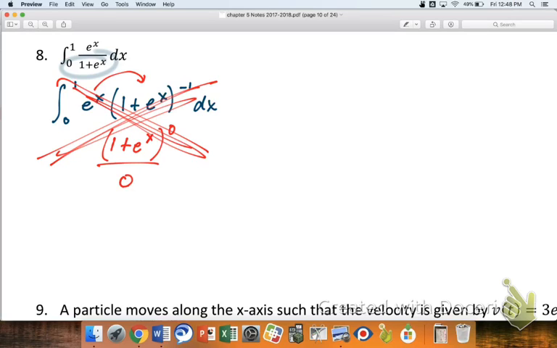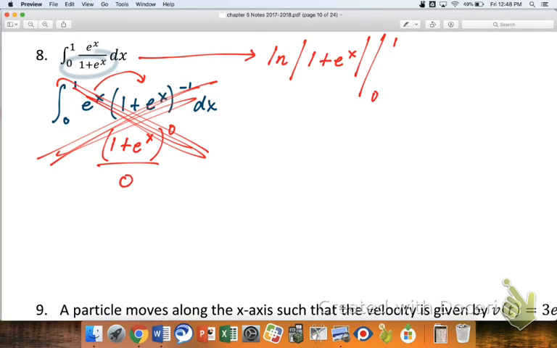So not only is this a natural log, Timmy didn't even mess it up. It's set up beautifully for us. So since the derivative of the denominator is the numerator, then all I have to do is say that the antiderivative is the natural log of the absolute value of the denominator.